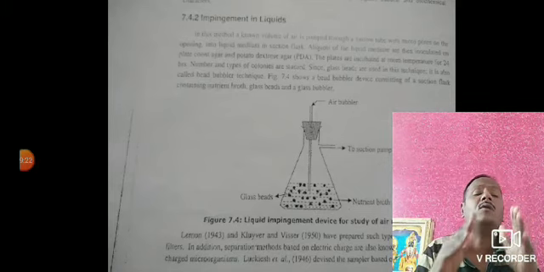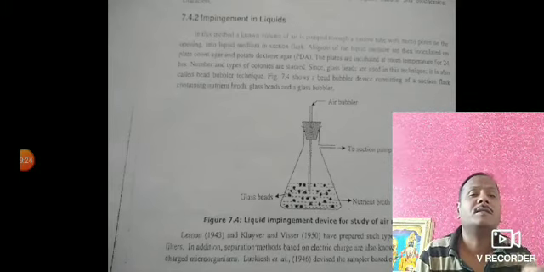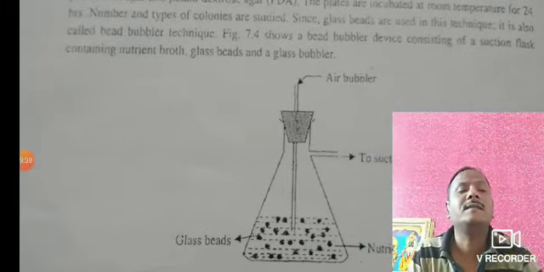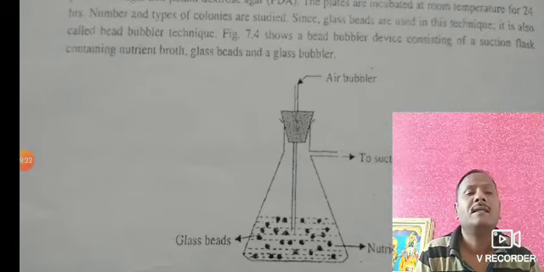This is also a device just like the settling plate technique, but in this case you have to take liquid medium in place of solid medium. You take the liquid medium in a conical flask. At the bottom, as you can see, the nutrient medium is inside this conical flask.